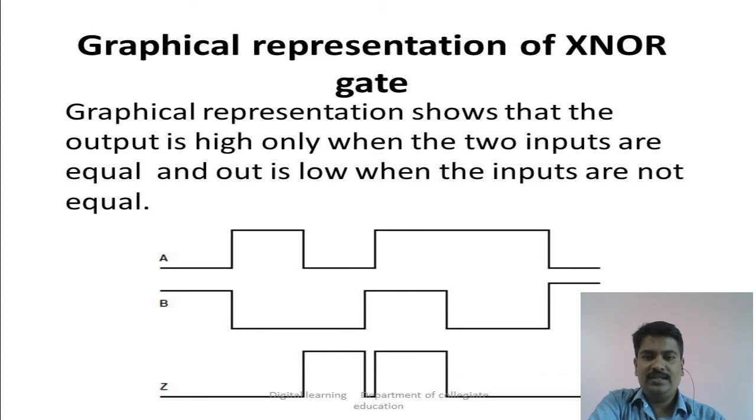If A and B both are 0, you can expect a high output. If A and B both are high, again you can expect a high output. If the inputs are dissimilar, you can expect a low output. So that is how we can show this XNOR gate graphically.